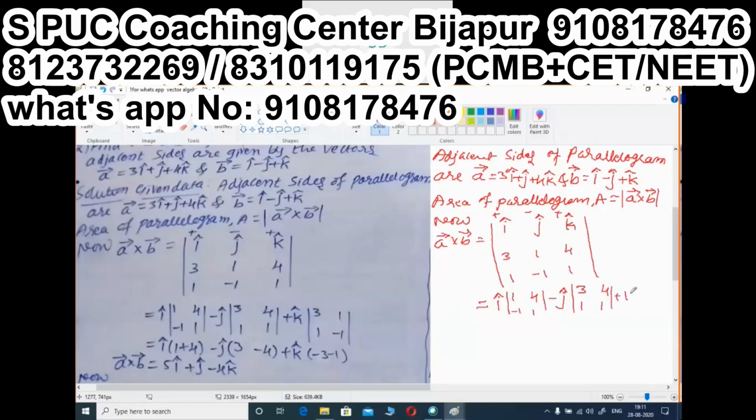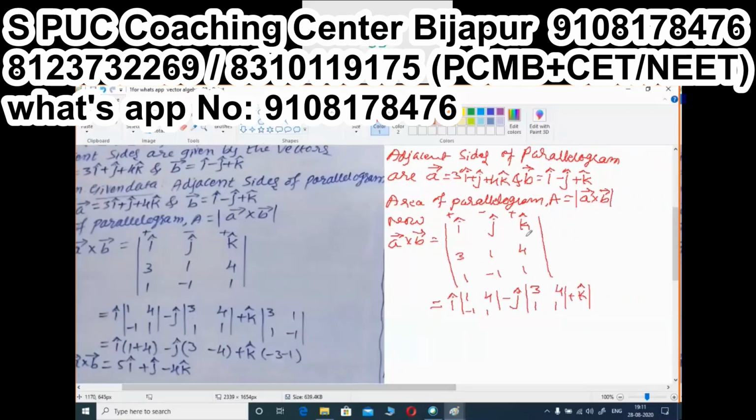Next plus k cap of 3 1, 1 minus 1. Do the simplification and tell me the result.